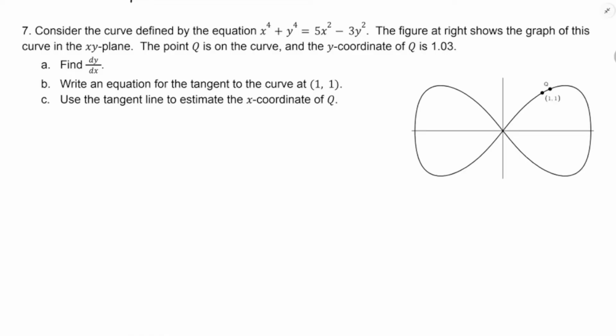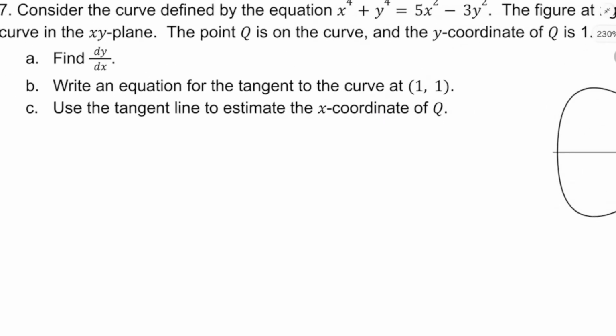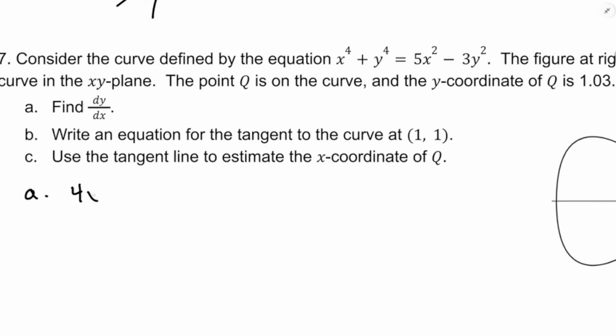Okay, first find dy/dx. Okay, so I'm going to take the derivative of both sides of that equation, just like we did last time. 4x to the third plus 4y to the third dy/dx equals 10x minus 6y dy/dx.